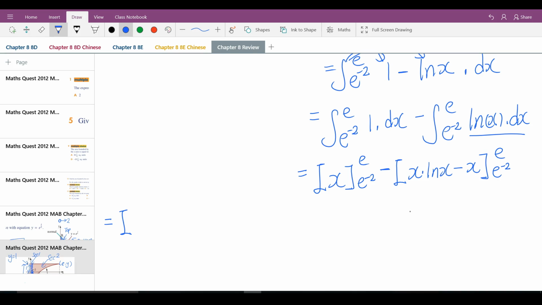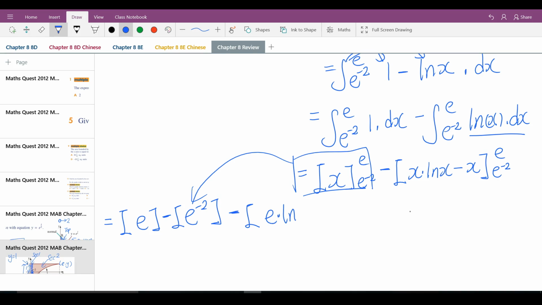So this would be e minus e to the negative 2. So that's the first bracket. The next bit is still a negative here. Next bit becomes e times ln e minus e, minus, now this is a big bracket here, e to the negative 2 times ln e to the negative 2 minus e to the negative 2.